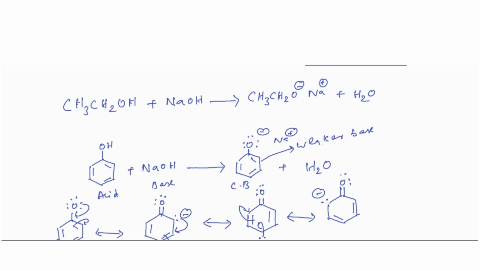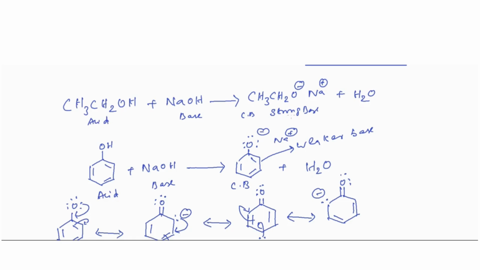This phenoxide ion behaves as a weaker base because the negative charge is delocalized and spread over the complete molecule. But in the ethoxide ion, there is no delocalization of the pi electrons or the extra negative charge, so it became a strong base. In this reaction ethoxide is a conjugate base and alcohol is an acid.